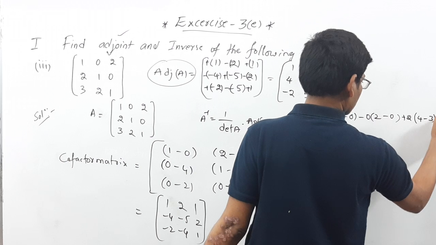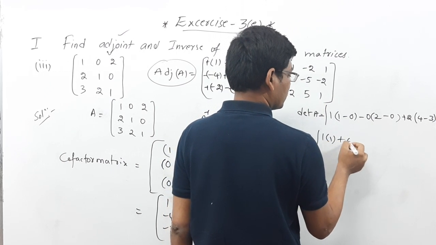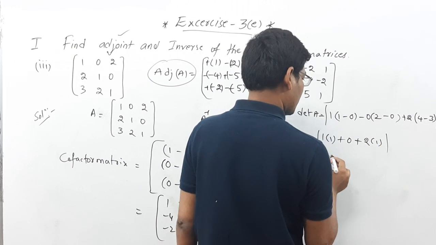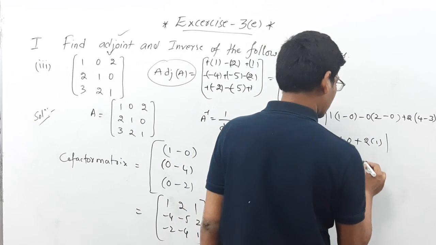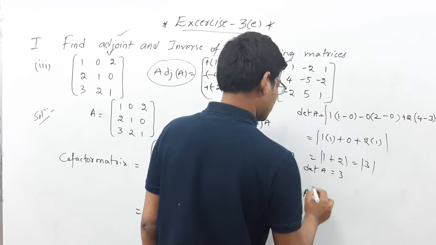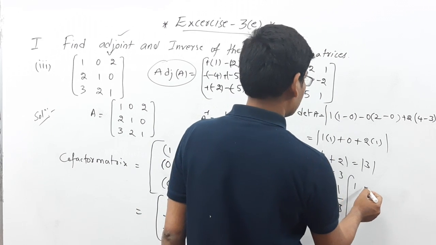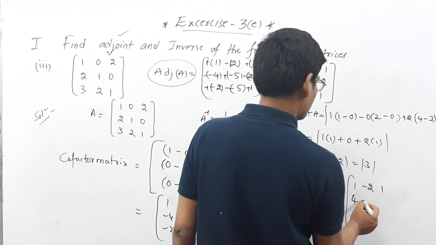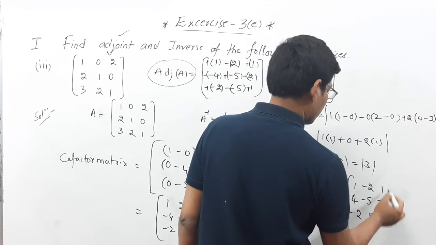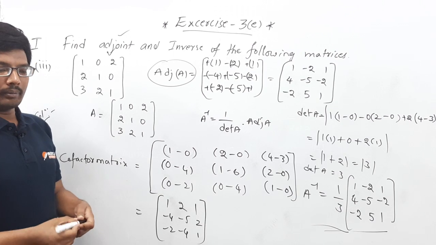Now 1 into 1 only, plus 0, this value becomes 0, 2 into 1, and 1 plus 2 is equal to 3, so det A is equal to 3 here. Now A inverse is equal to 1 by 3 into adjoint A: 1, minus 2, 1, 4, minus 5, minus 2, minus 2, 5, 1. This is the complete solution for the inverse of a matrix.